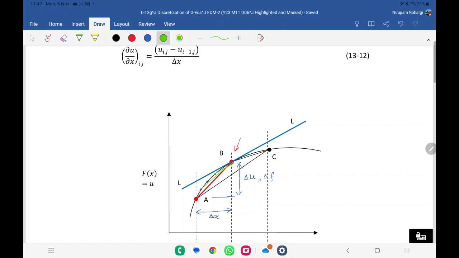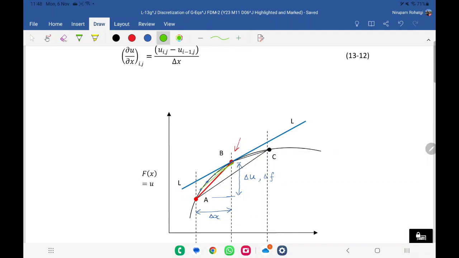You are moving closer to the real slope, but to be exactly on the slope, your delta x should be 0, which creates a problem, because if delta x is approaching 0, you have an infinite number of grid cells. So you are bound from that point. You cannot go beyond a limit. If you cannot go beyond a limit, delta x will be finite. If the delta x is finite, you will have some error.